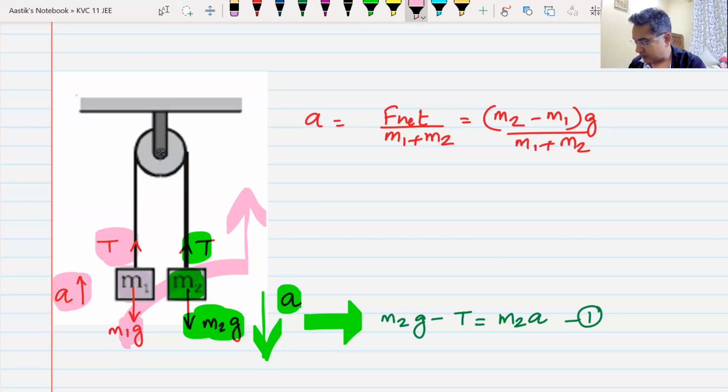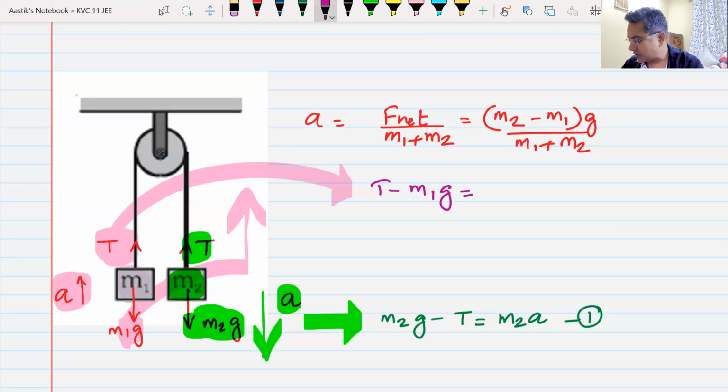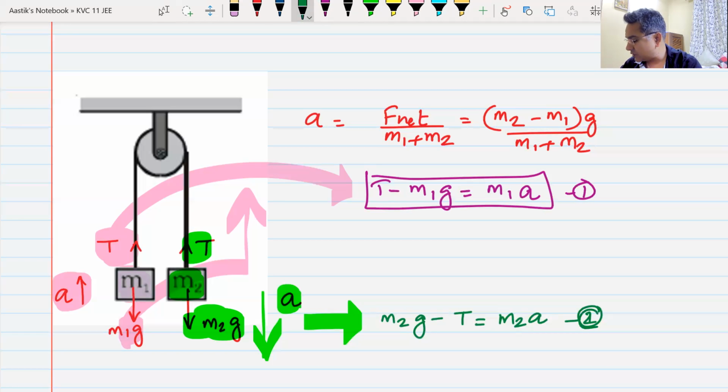For this pink block, it is going up. Upward force is T, downward force is M1G. So T minus M1G is equal to M1 into A. You can call this equation number 2.